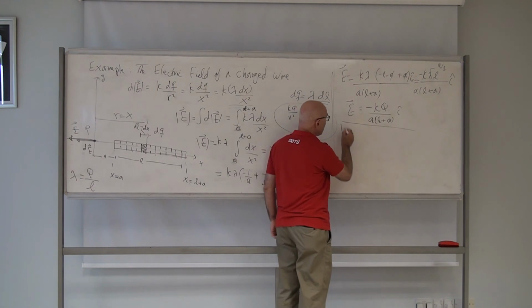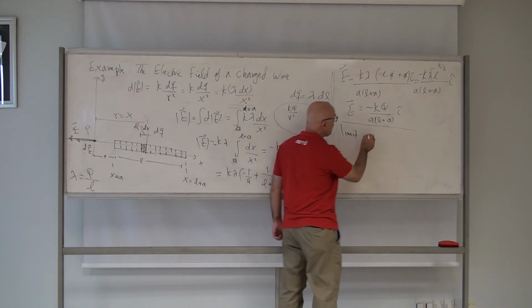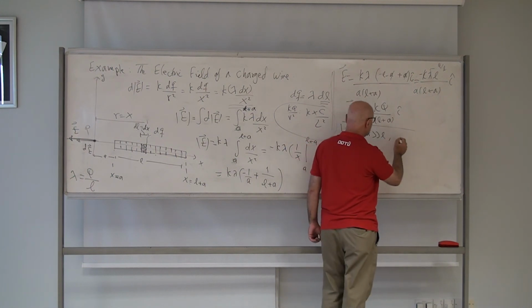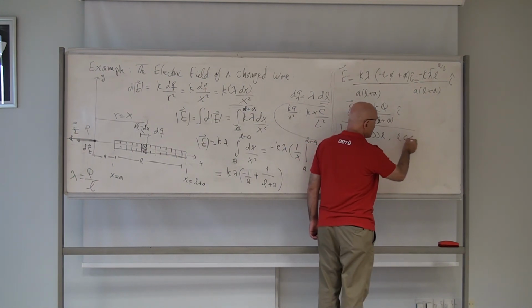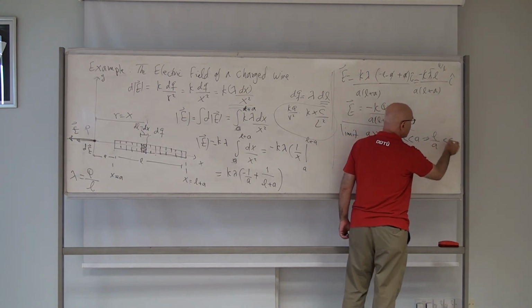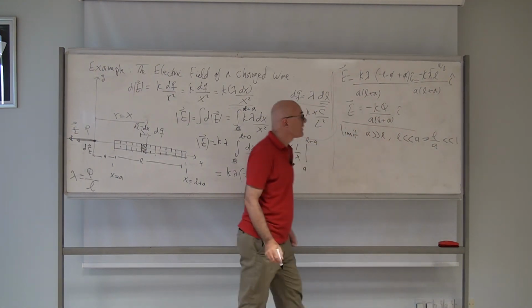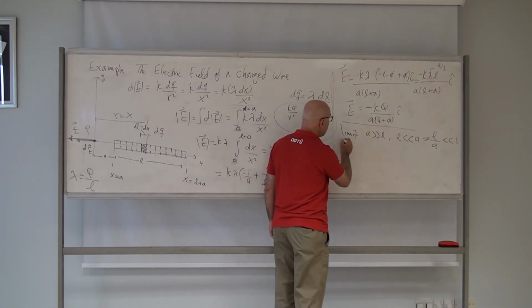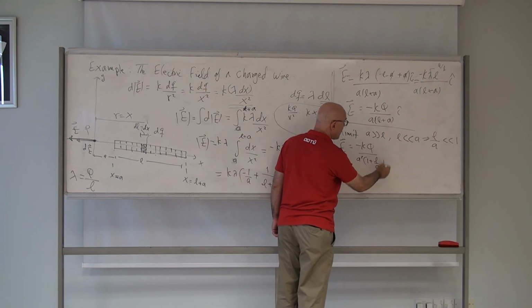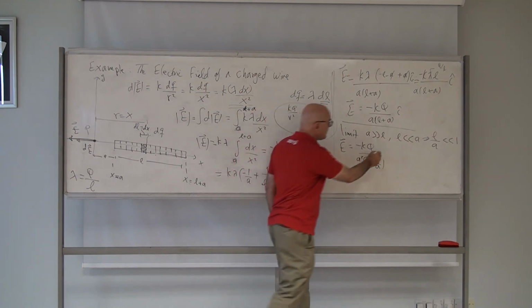So consider the limit when A is much greater than L, or L is much less than A, so that L over A is much less than 1. In this case, you can write E by taking A outside: it will be A square times 1 plus L over A, I hat.